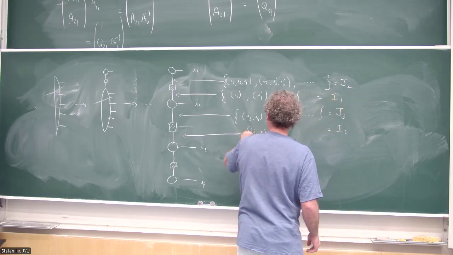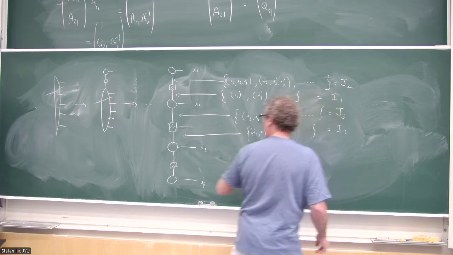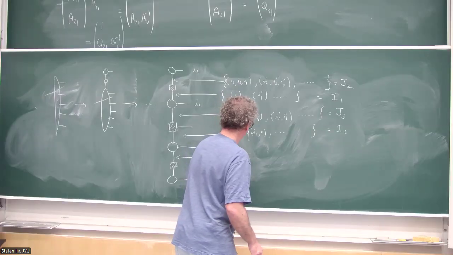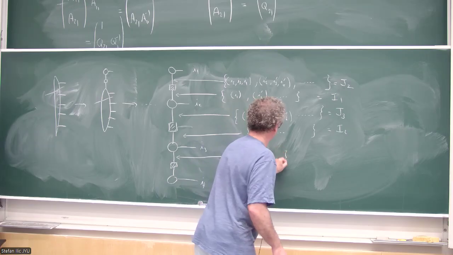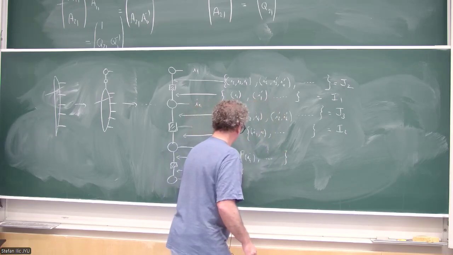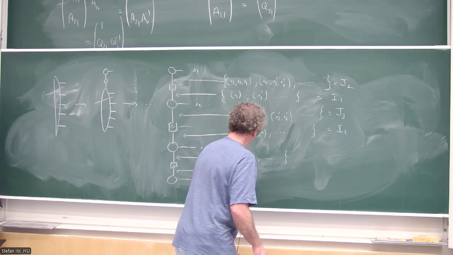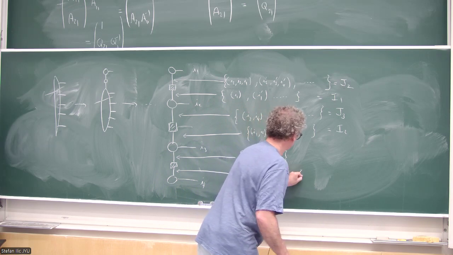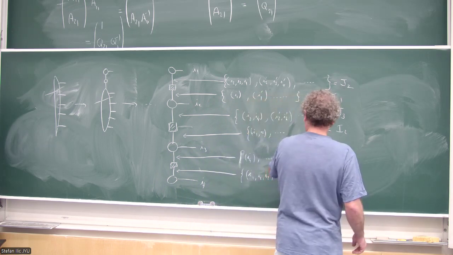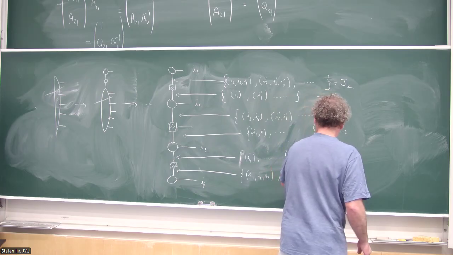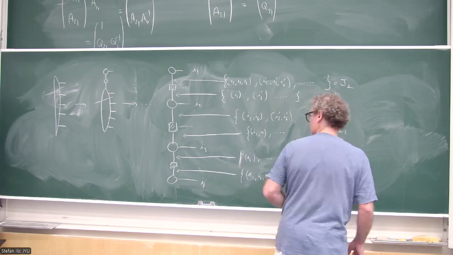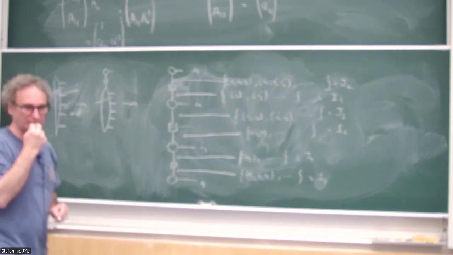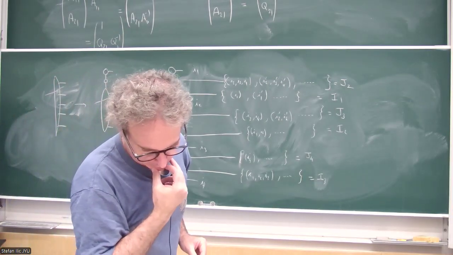I1, I2. And the same here. So here I just have a bunch of I4. And here I have a bunch of I1, I2, I3. This is a J4, I3. Okay. Just making sure that I3, J4, yes.